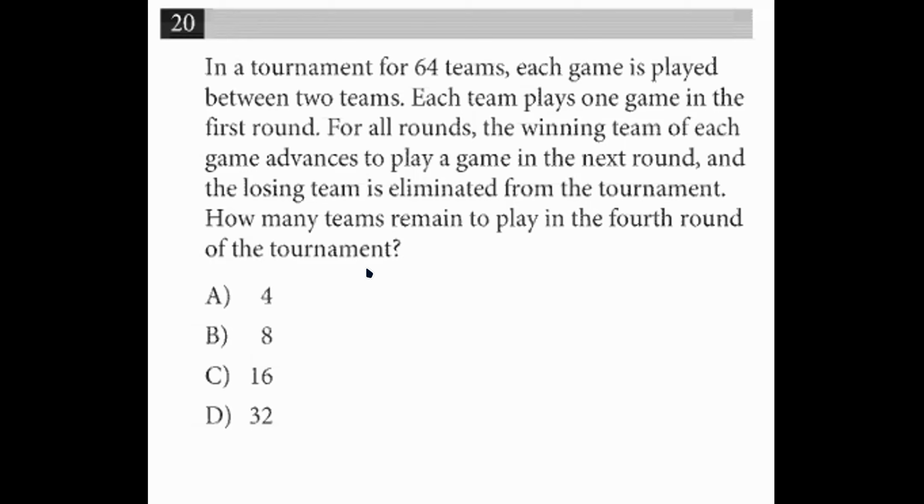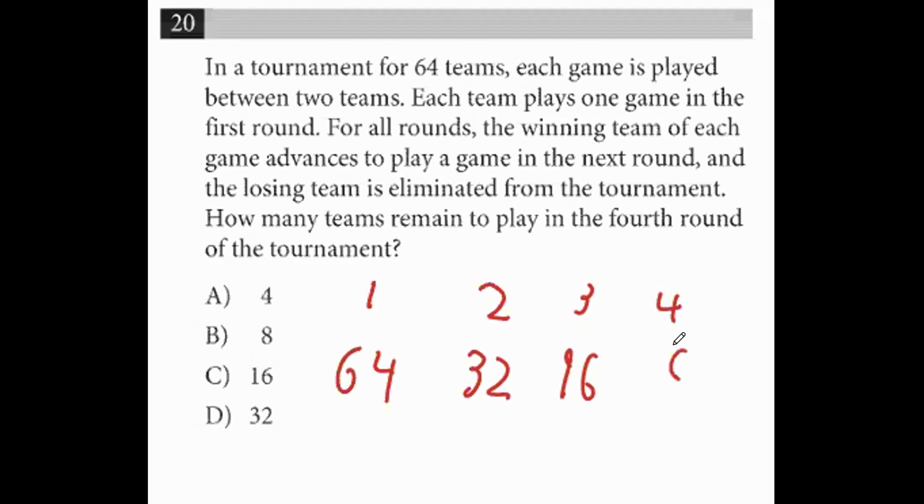So in the first round, we start with 64 teams. They all play. And then in the second round, half of these teams win and advance, while the other half are eliminated. So that gets us 32. In the third round, we get half of that, which is 16. And then in the fourth round, we get half of this, which is 8. So the correct answer is 8, answer choice B.